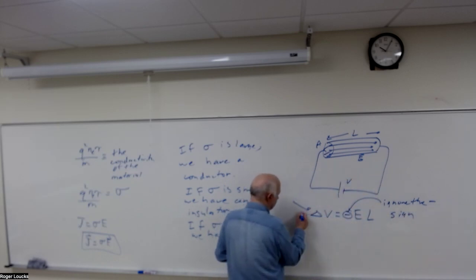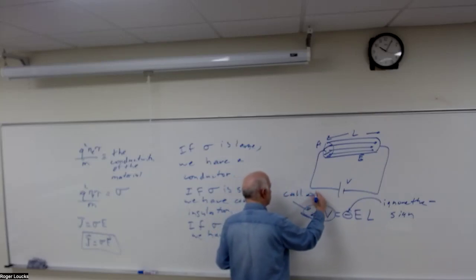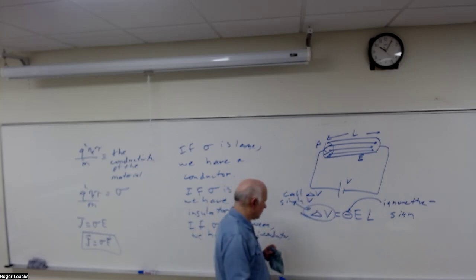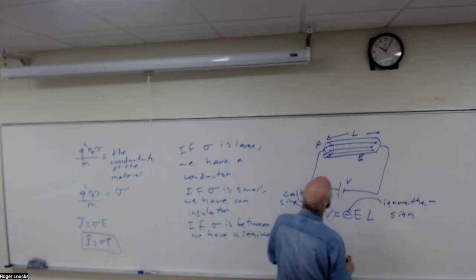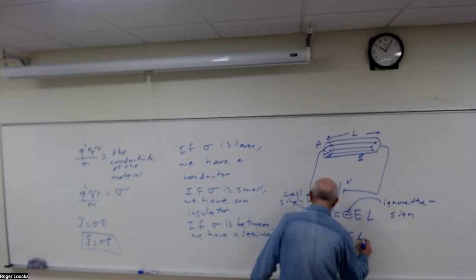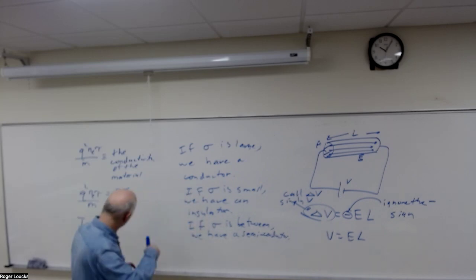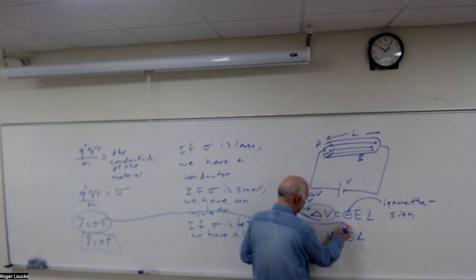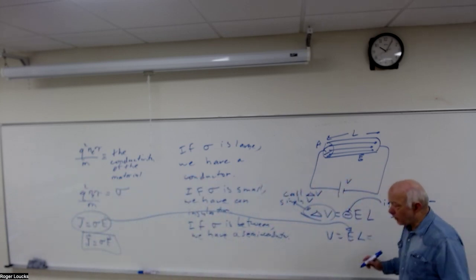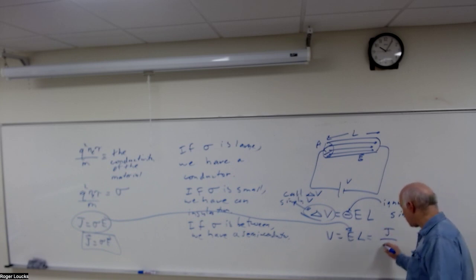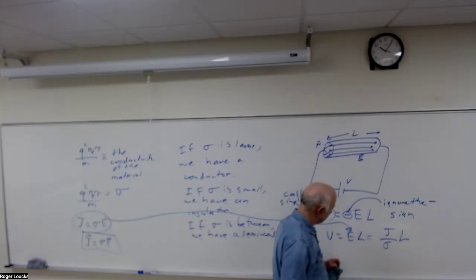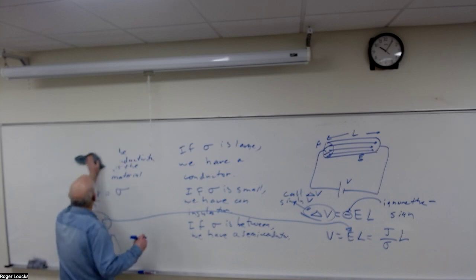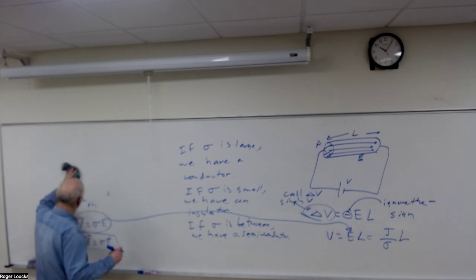And we're going to call the voltage difference here, delta V, simply V. So I have V equals E times L. Well, I'm going to take this E here and move it over to here. So I'm going to write this as J over sigma times L. Well, what did we say is the definition of J? We called it a current density, but what does it equal?